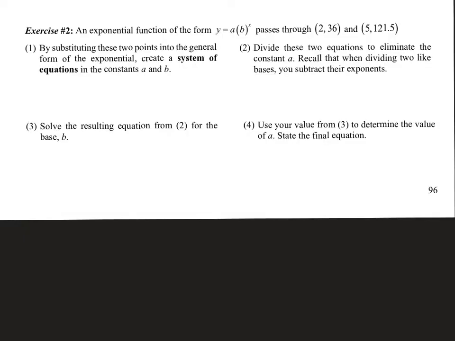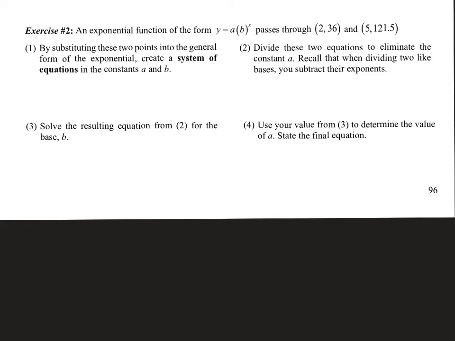Exercise 2 says, an exponential function of the form y equals ab to the x passes through (2, 36) and (5, 121.5). So what they want you to do here is to create the exponential equation, and they have only given you 2 points. You don't have the initial amount.